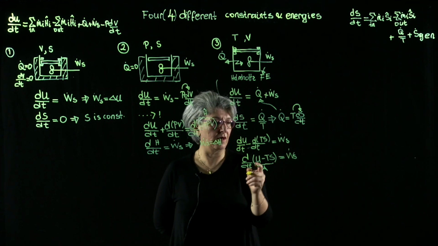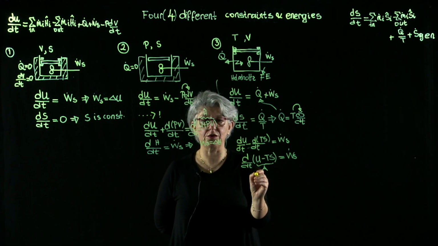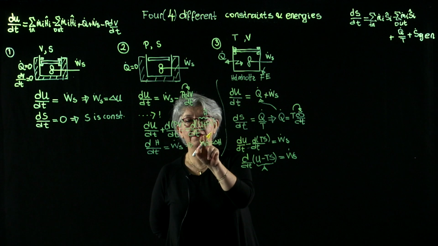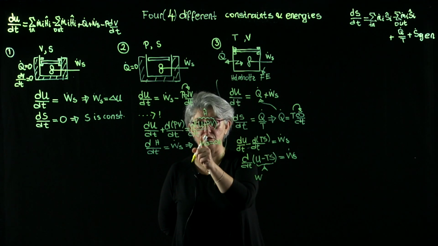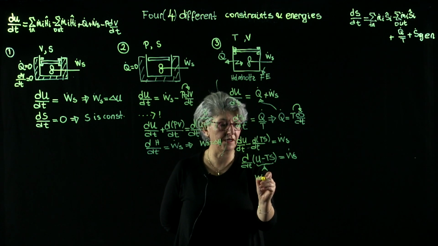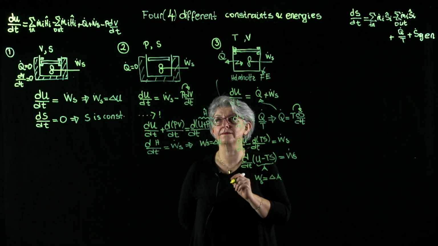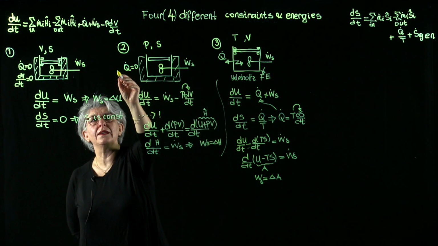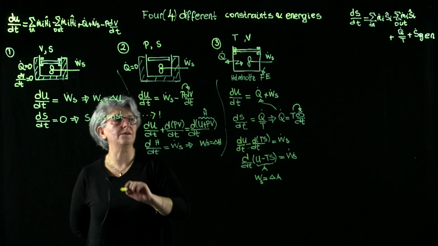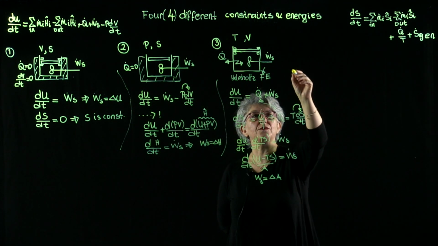Or, one more step, shaft work, this doesn't have a dot, we have integrated over time, so here I found a mistake. Shaft work is equal to delta A. You see, I set different constraints, and my shaft work takes different forms.